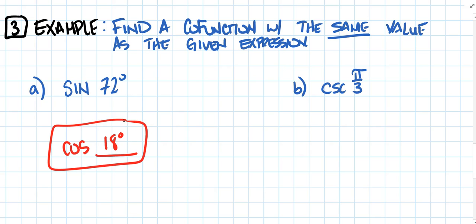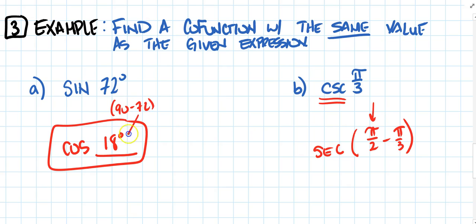Okay, what about the cosecant of pi over 3? Notice this is in radians, so we can still work with this. But you first have to identify that cosecant and secant are cofunctions. And then I have to come up with pi over 2 minus pi over 3, because pi over 2 is the equivalent measure of 90 degrees. Notice over here, if I did 90 minus 72, that would give me the 18. So I'm doing the same thing over here.